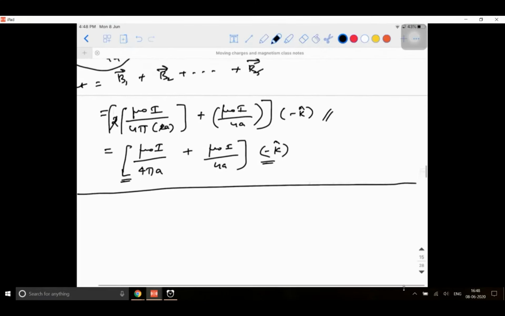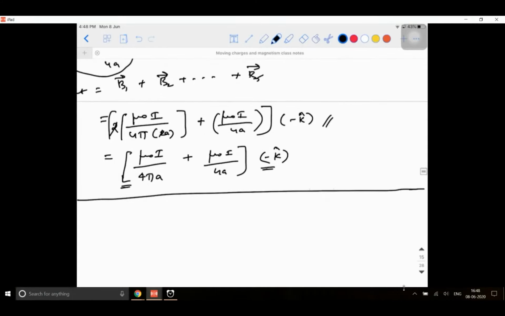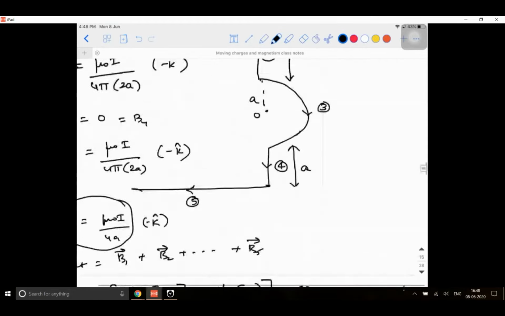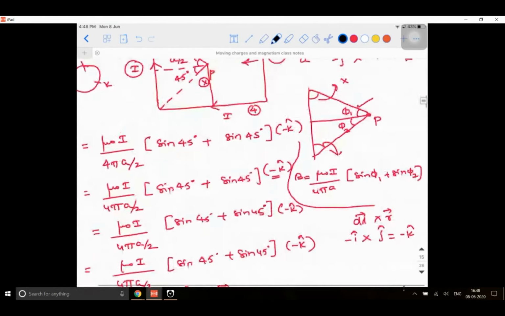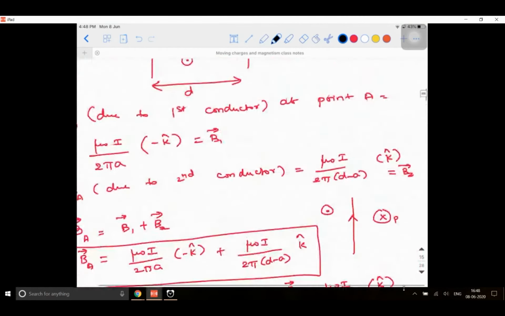Sir, one doubt. Tell me. Sir, for finding B1 and B5, you took it from the end, right, sir? Based on what? I didn't understand that part alone. Yes, this part. You remember this one, right?